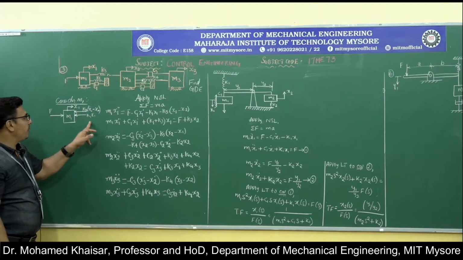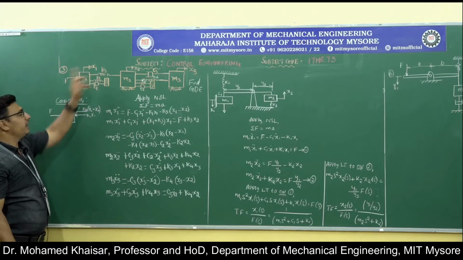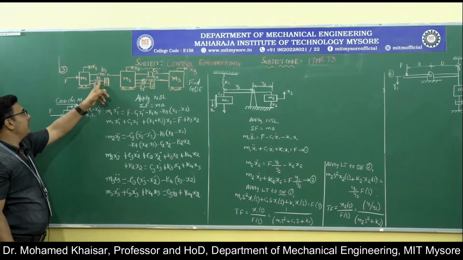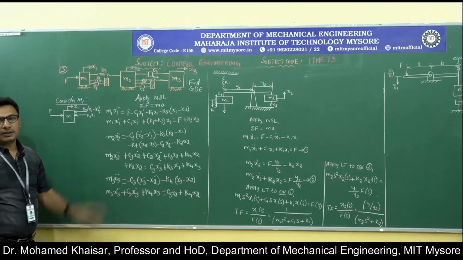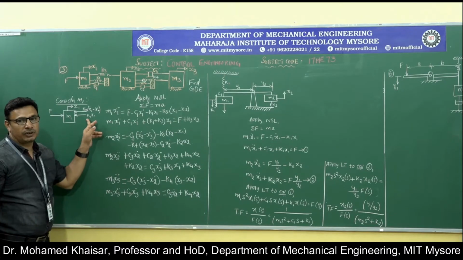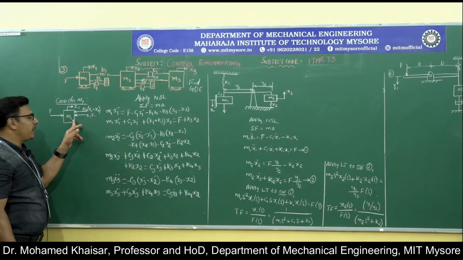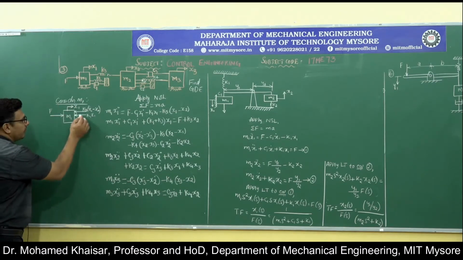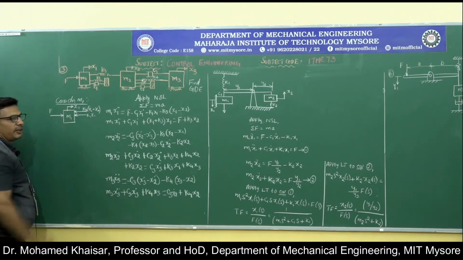The entire force of K1 into x1 will be resisting the displacement. Why? Since the K1 spring is connected only to the mass m1, it is not connected to the mass m2. That is why the entire force of K1 into x1 will be acting onto the mass in the direction opposite to that of the displacement. That is why it is written with the opposite direction to the displacement.